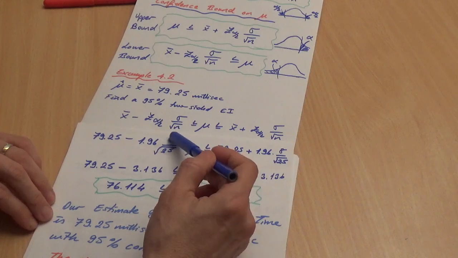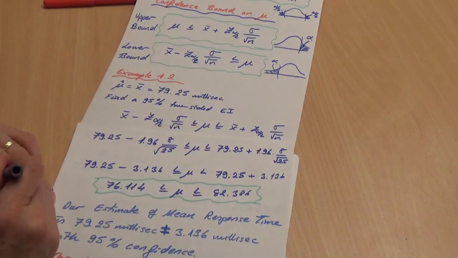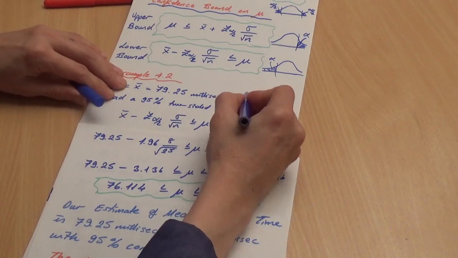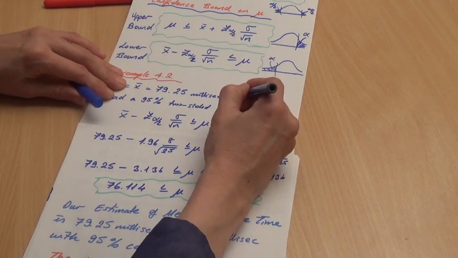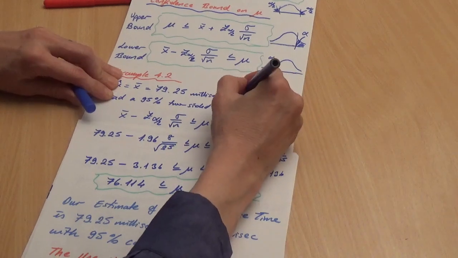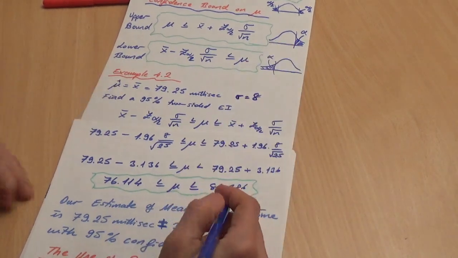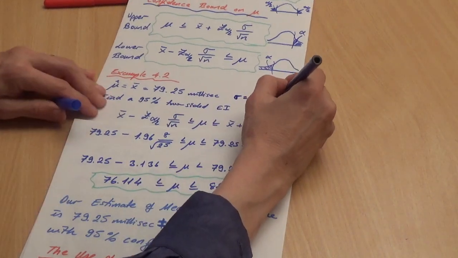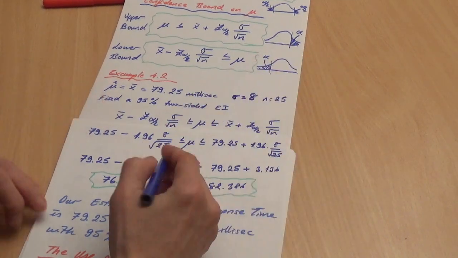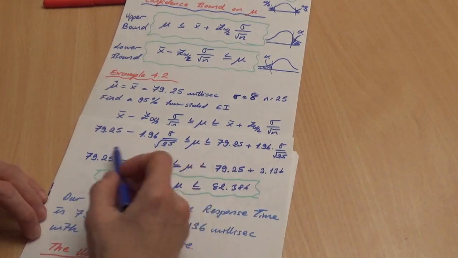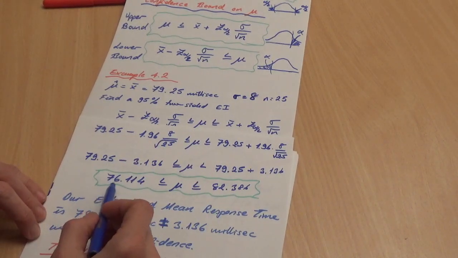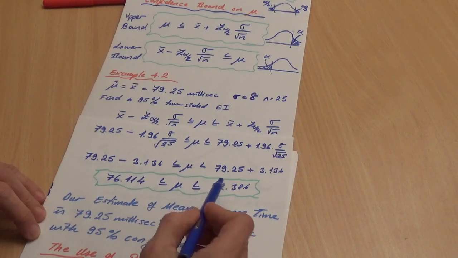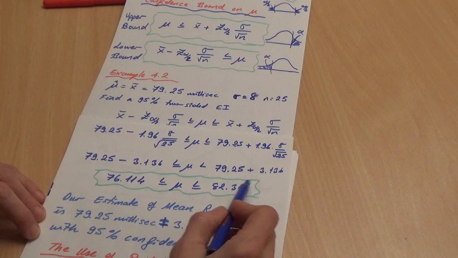Then 8 is the sigma for this case. Sigma was 8 in the previous example. So all over square root of 25, n was 25. And when we calculate this, it is 76.114 is less than or equal to mu, less than or equal to 82.386.